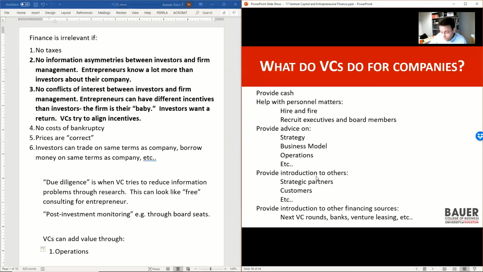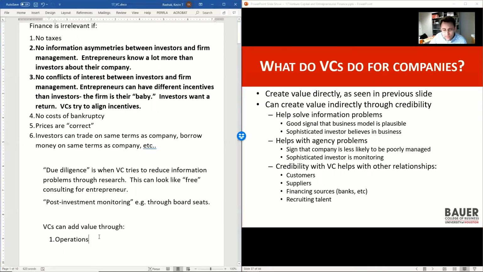If you know everyone there, then you can introduce a startup to other partners who can help them solve problems, or customers, suppliers, etc. And of course, the next round of financing, new VC companies that could complement the company, banks, venture leasing. There's other sources of financing that the VC could introduce the startup to.